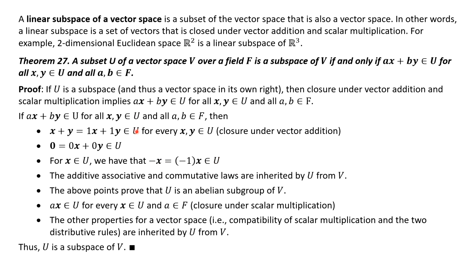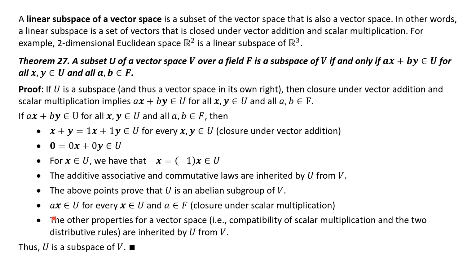Then if you take these together, and note that the additive associativity and commutative laws are inherited by U from V, we have that U is an abelian subgroup of V. Ax is an element of U for every vector x in U and scalar a in F. That just, again, comes from this here.